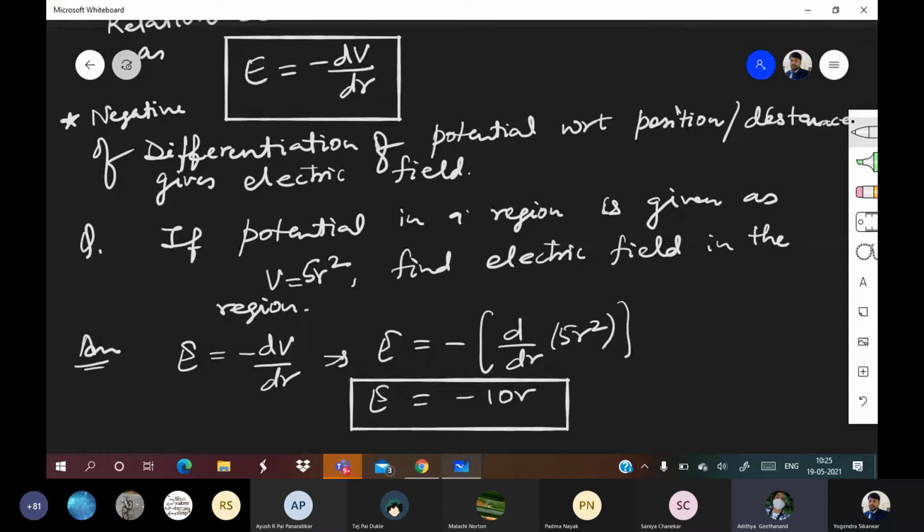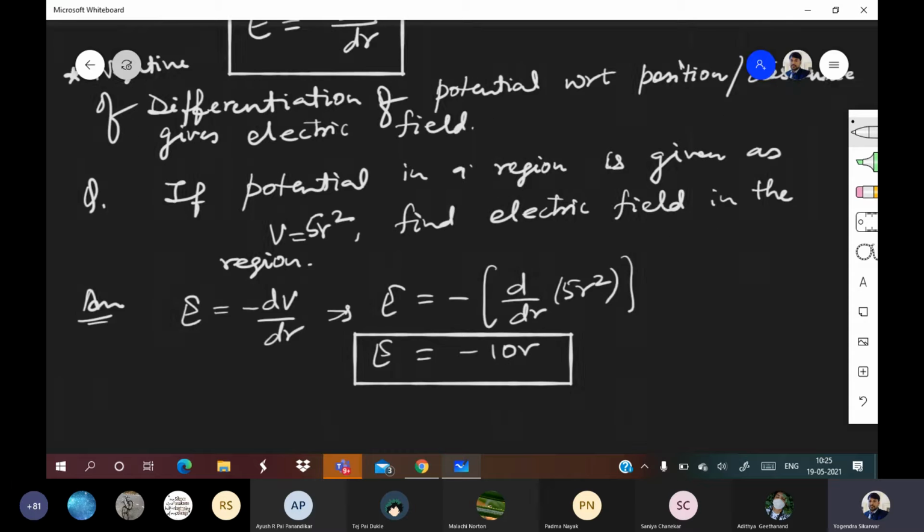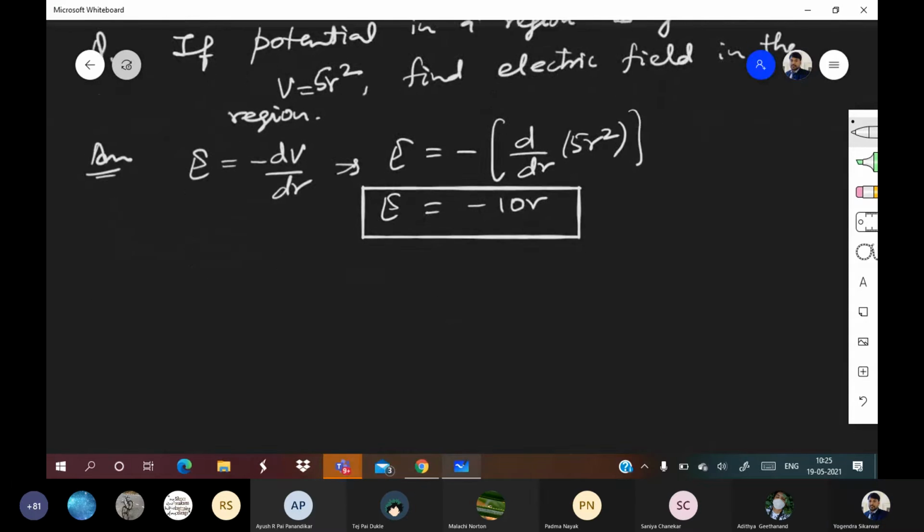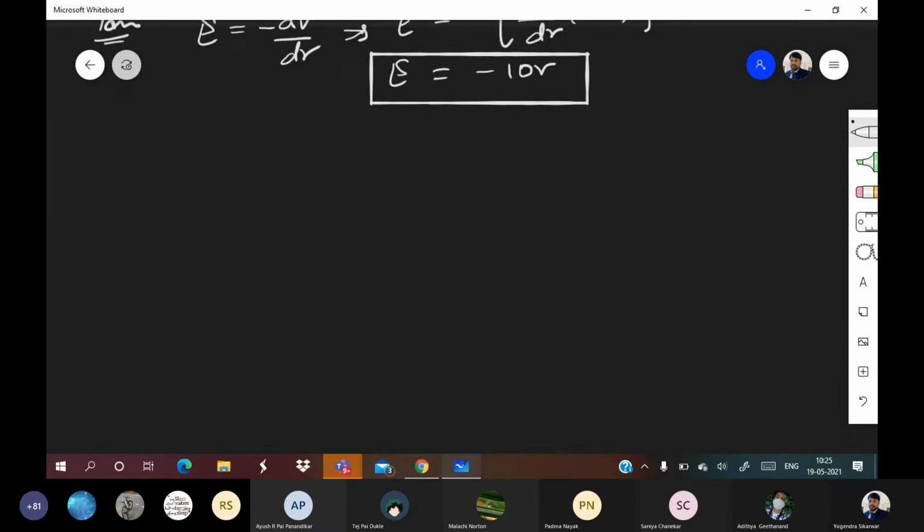Is it because it's being differentiated with respect to r? Actually, there are many things which can be differentiated with respect to r, so that is not going to make anything a vector. So let me tell you the deeper story behind this.